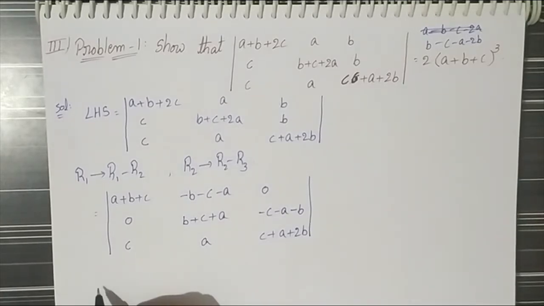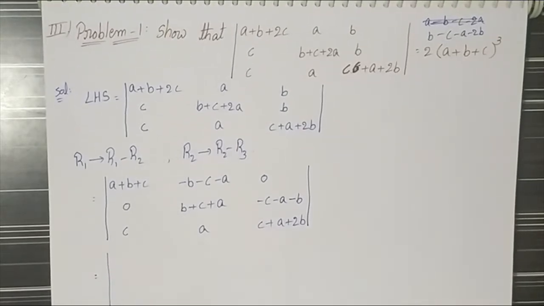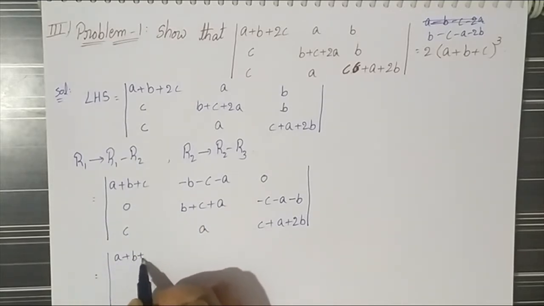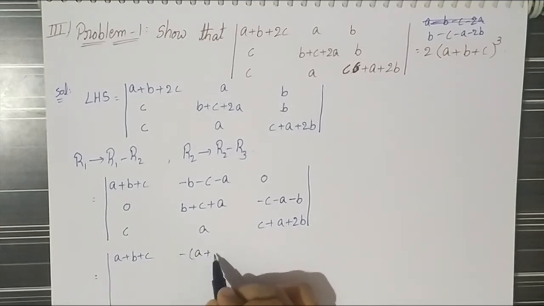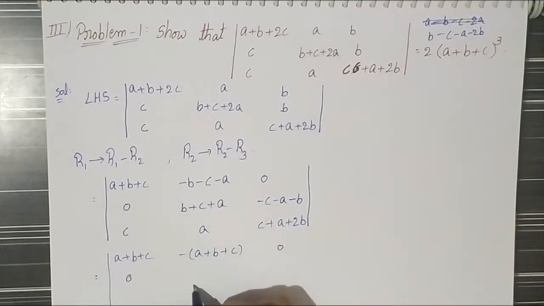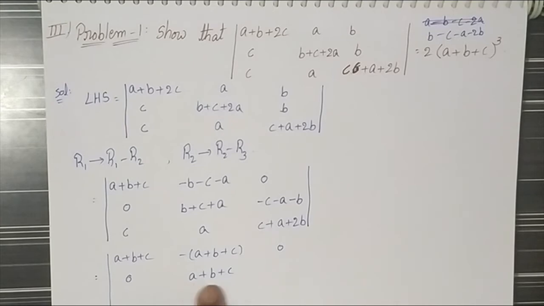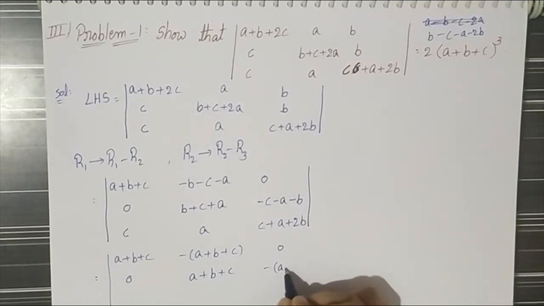This is the result. The determinant has first row a+b+c, then taking minus common, minus of (a+b+c), and 0. Writing it in order, a+b+c. Here also taking minus common, minus of (a+b+c).